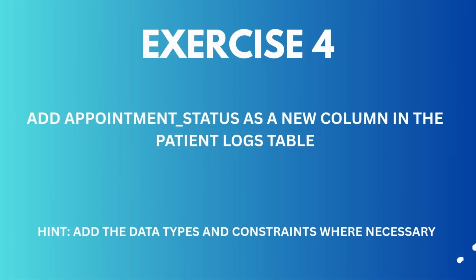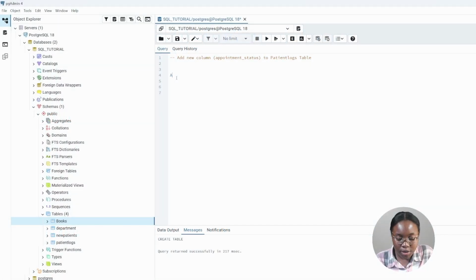Now let's update one of our tables. Let's add a new column, appointment status, to our table patient logs. So we'll say alter table and call the table name. We're going to say patient logs. And we want to add appointment status.